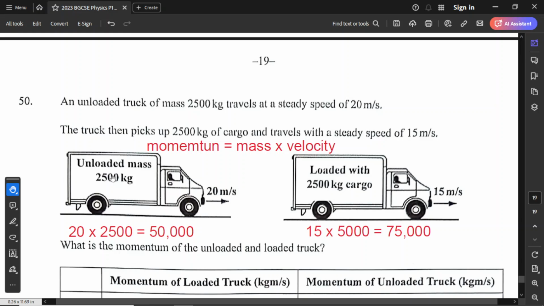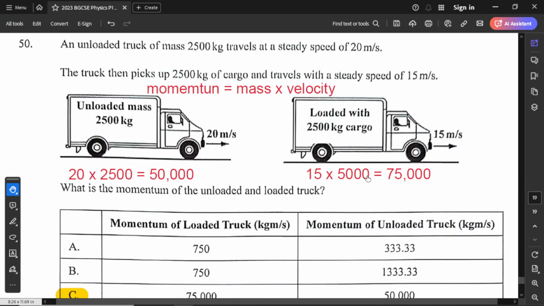The momentum of the unloaded truck is 20, the velocity, multiplied by its mass, 2,500. That gives us 50,000 kg meters per second. The loaded truck will be 2,500 plus the 2,500 of the original weight of the truck. So the cargo is 2,500, and the loaded truck with the cargo is 5,000. So that's 5,000 multiplied by 15, which gives you 75,000.